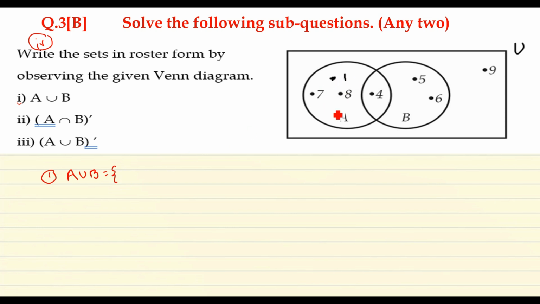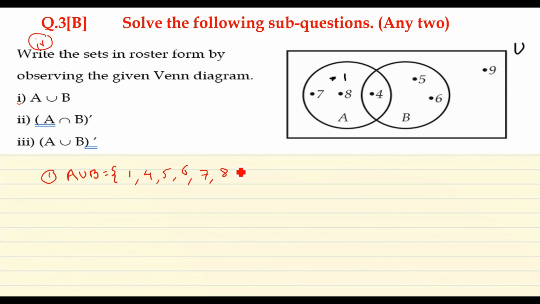A union B means you will have to write all the elements of A and all the elements of B. So if you start, the elements are 1, then 4, then 5, then 6, then we have a 7, then we have an 8.